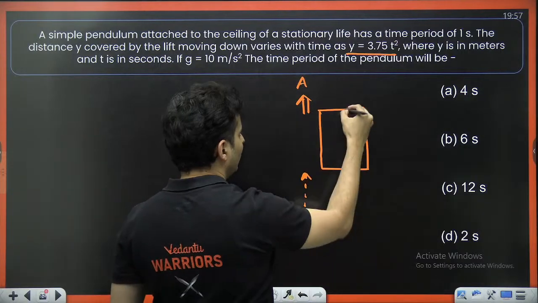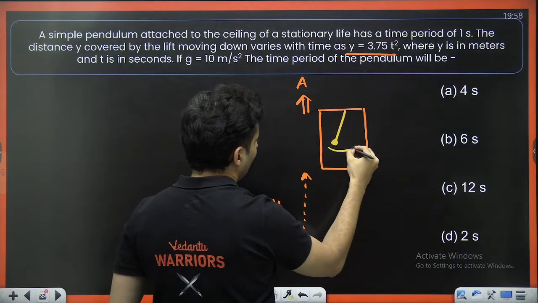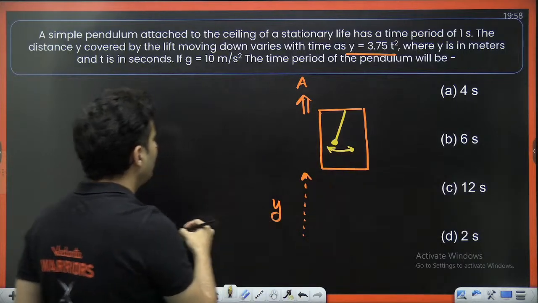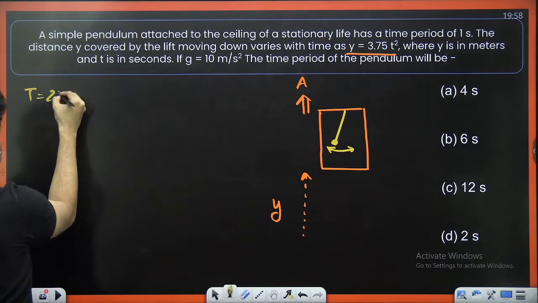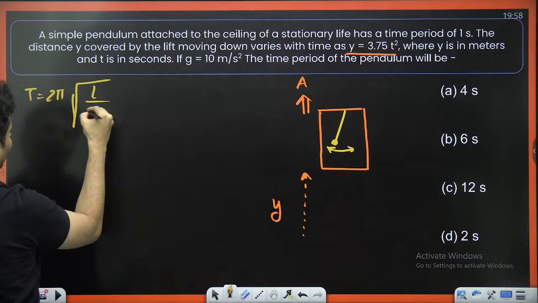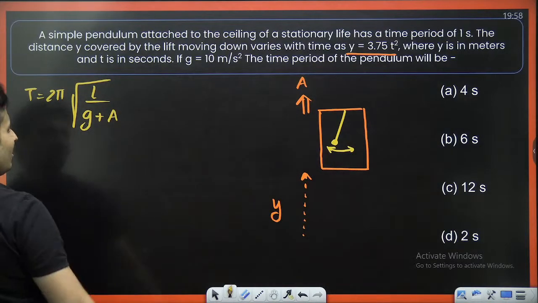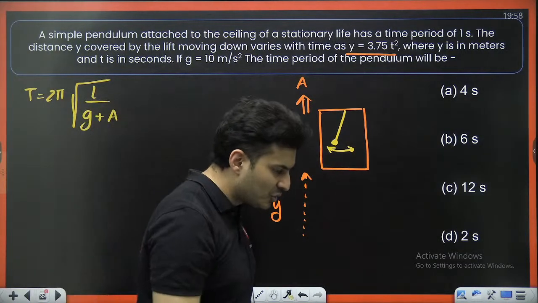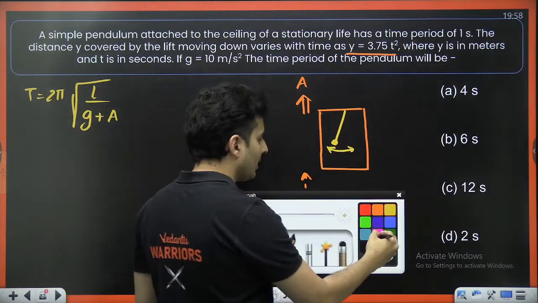So the time period for the oscillating pendulum will be 2 pi root L by G plus A. Because it's going up, you will feel more weight. Pseudo force is down.